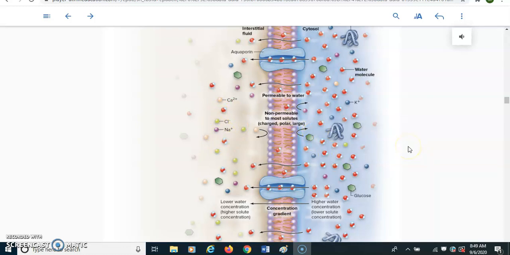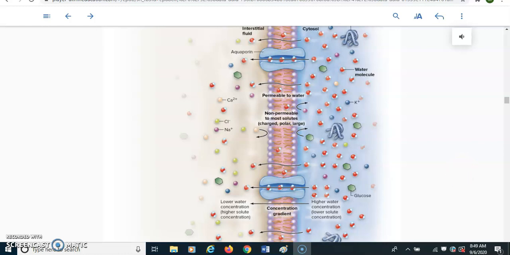So in general, most of them are not going to be able to freely move across that plasma membrane, and if they are allowed to move, it's the plasma membrane that's controlling or regulating it. Those are two important points to know before you start talking about osmosis.